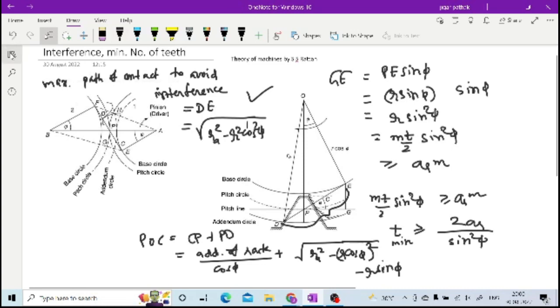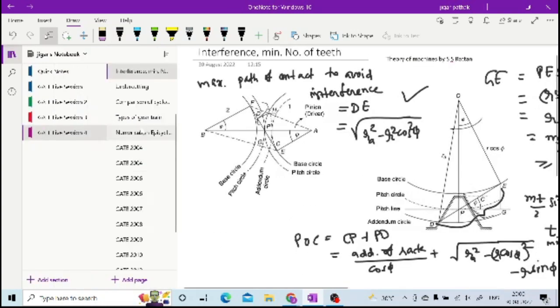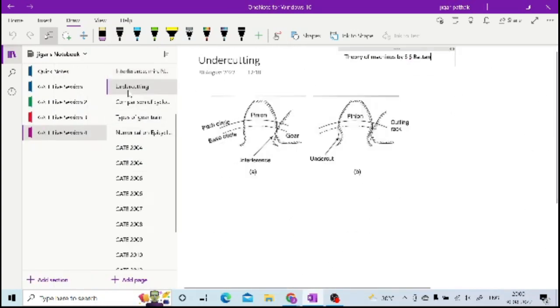So now once you are done with this, then here again undercutting is there. It is to avoid interference, right? As you can see, if you are having the same gear meshing with each other, right, then one of the gear can go to the base of the other gear and it can have that interference.